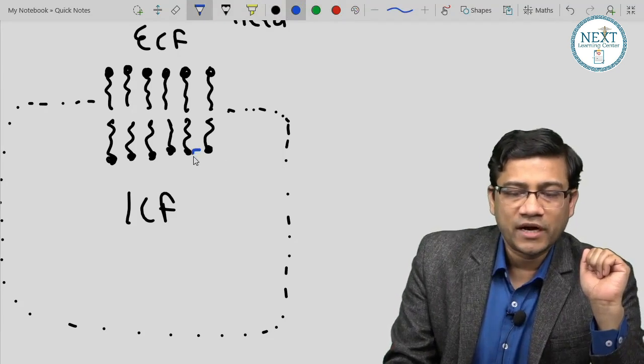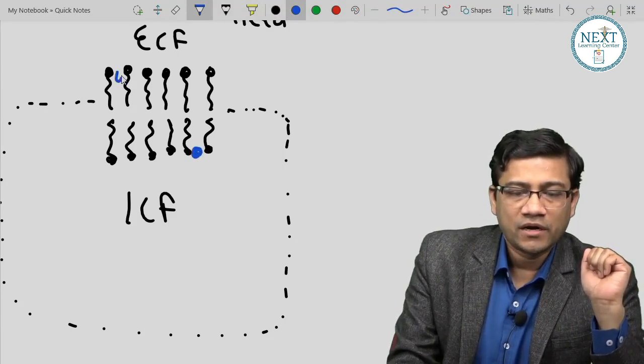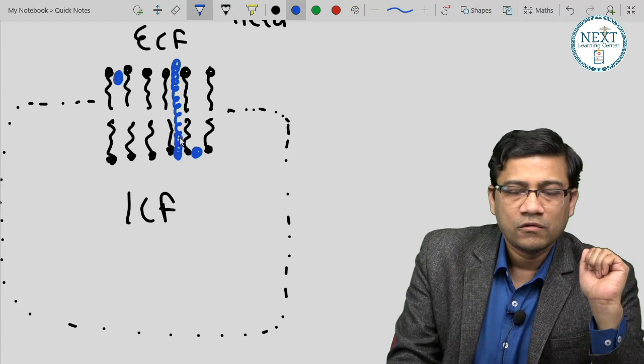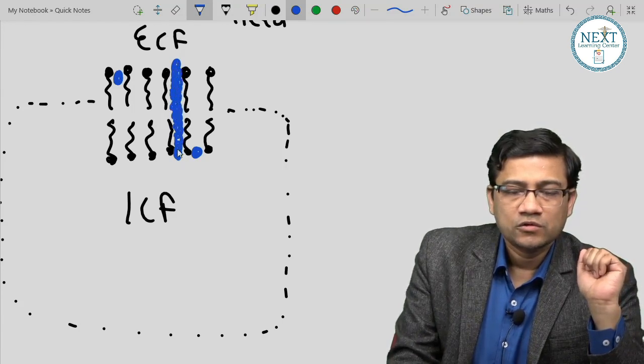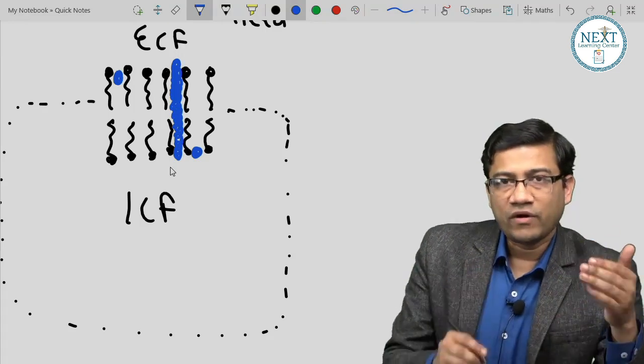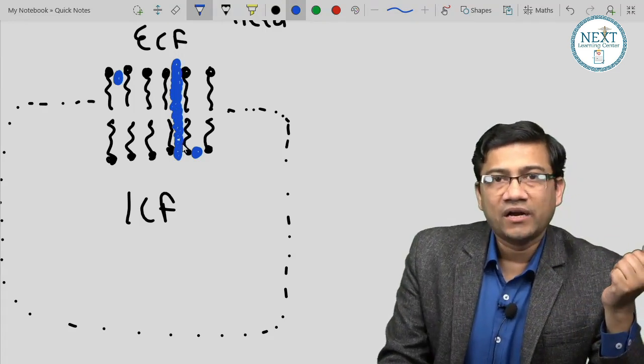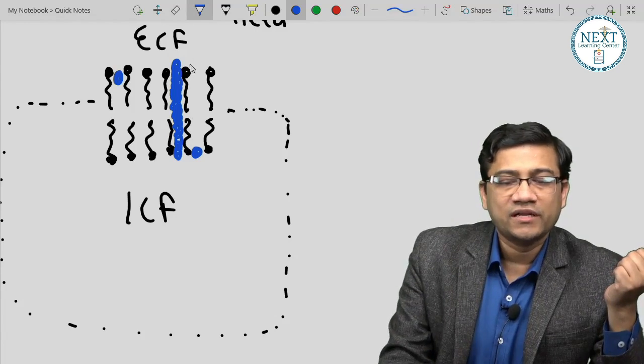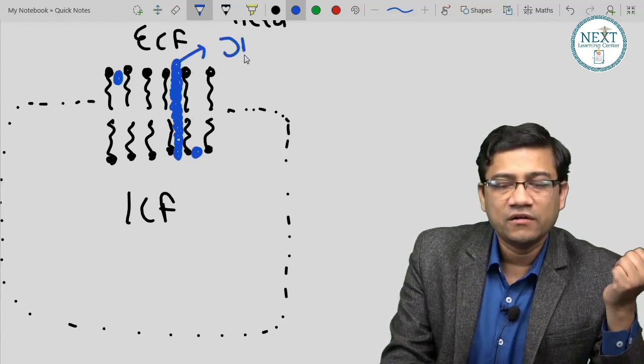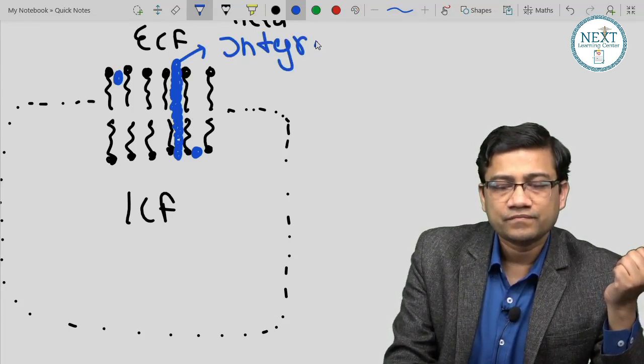Some proteins are attached here, some are attached here, and some go the whole way through the membrane like this. So these proteins which are going from one end to the other end, they are given what name? They are given the name of integral proteins.